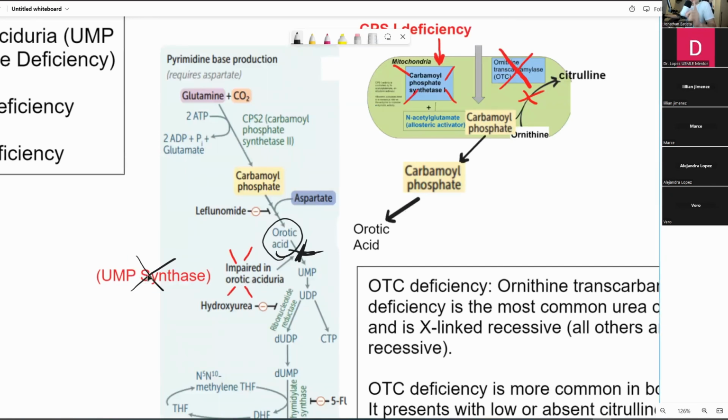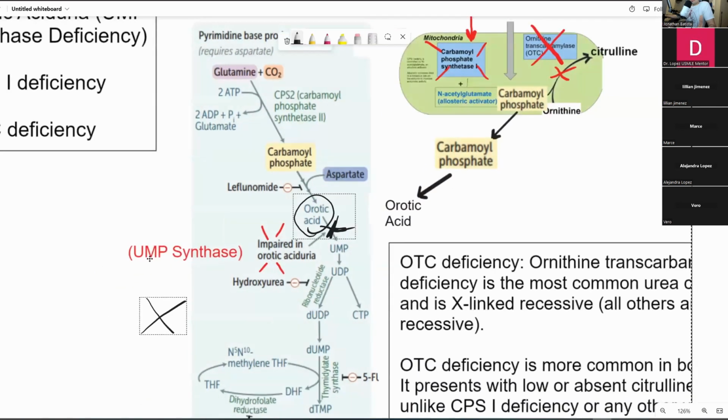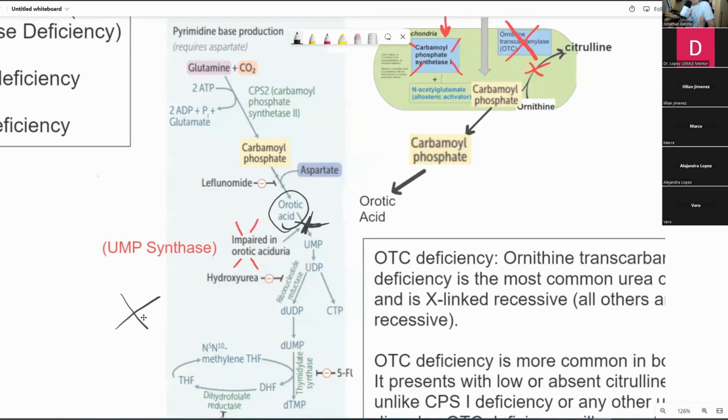Now, for some odd reason, they don't want you to know the enzyme. It's not written anywhere. It'll only be written in a question, for example, and it'll be hard for you to connect because you only learned it as orotic aciduria. So tether this enzyme to this condition: UMP synthase.